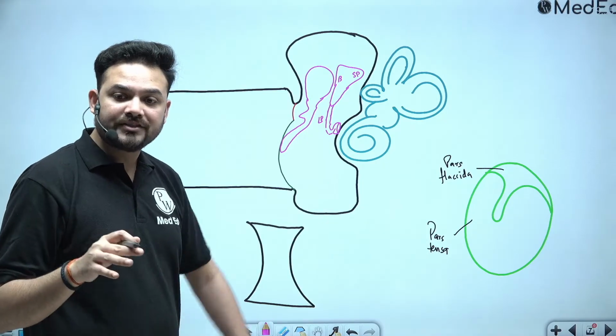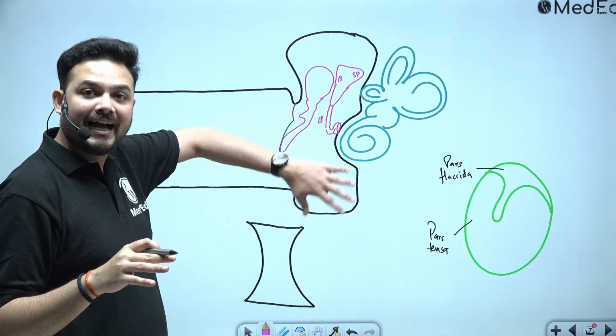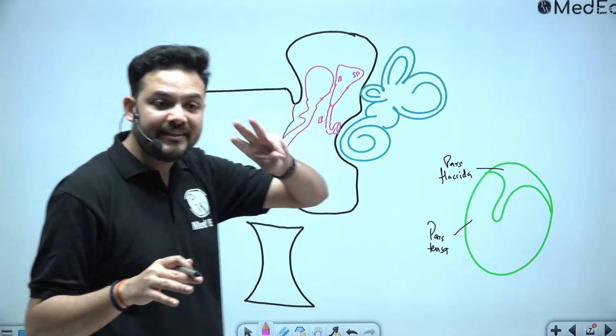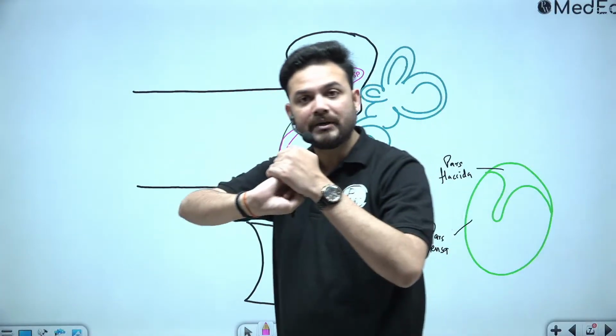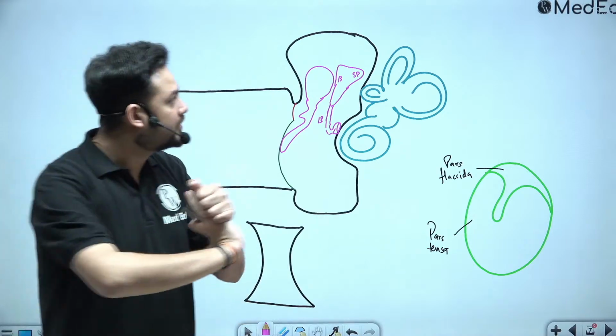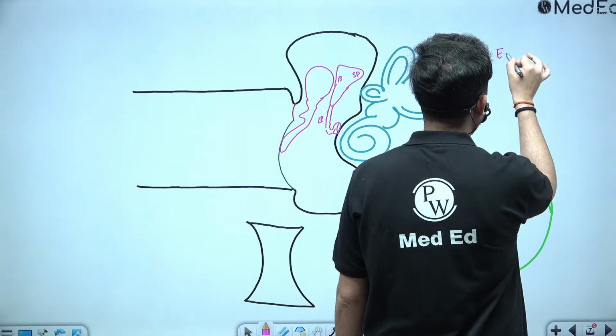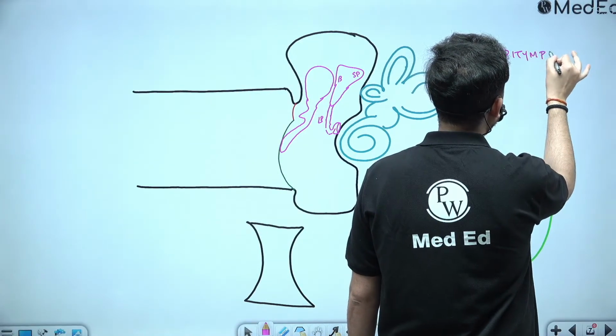But now this whole tympanic cavity has to be divided into three segments. That is what? We have got the epitympanum, mesotympanum, and hypotympanum. So there are three cavities this particular middle ear has.